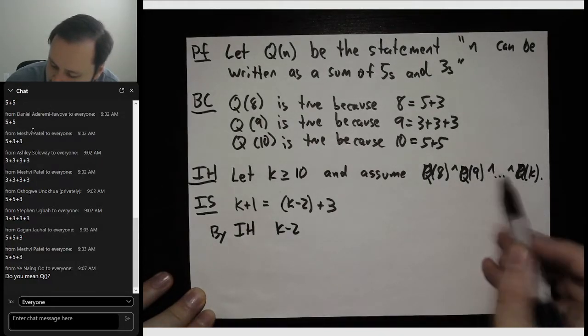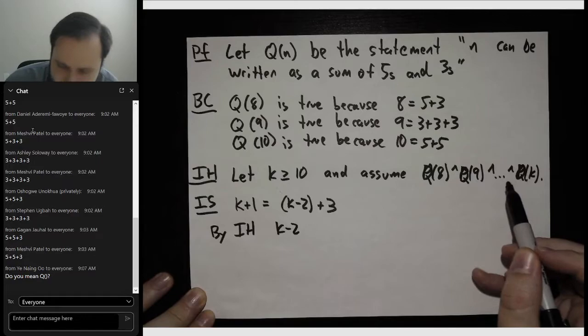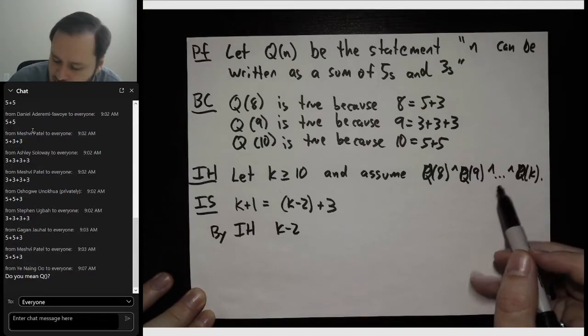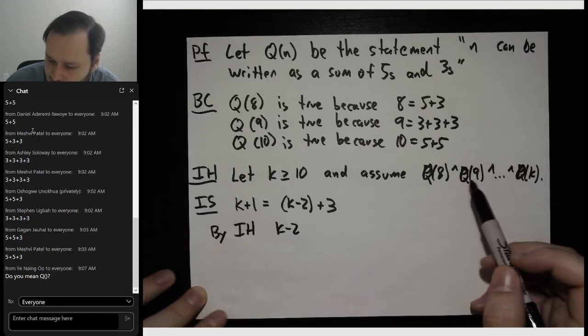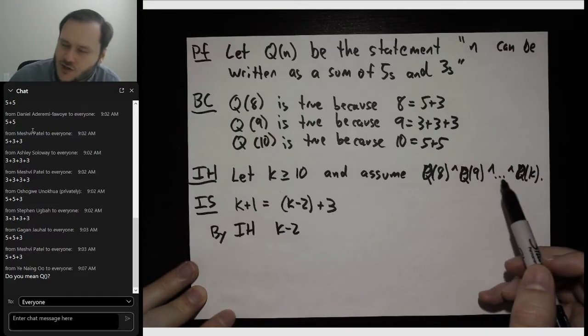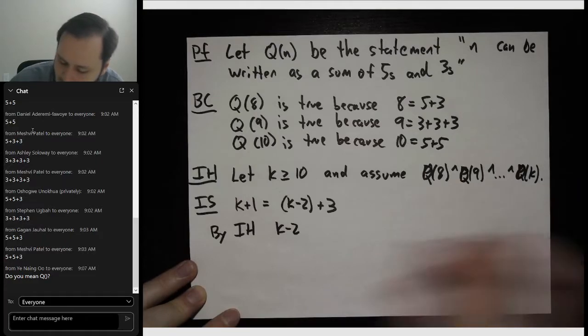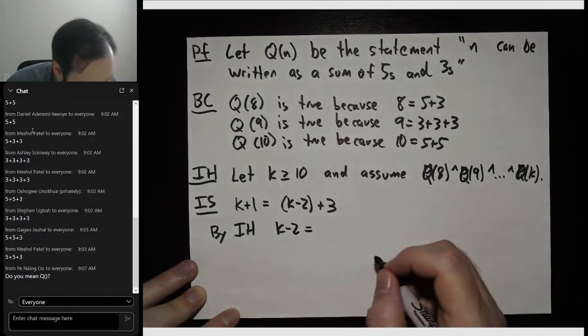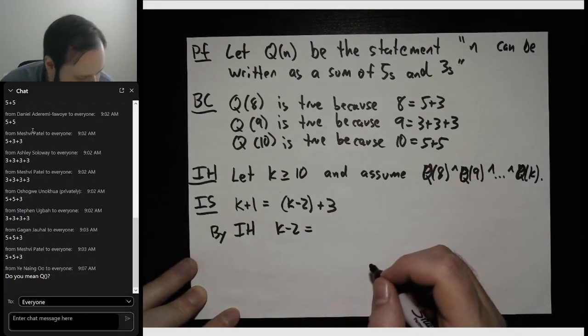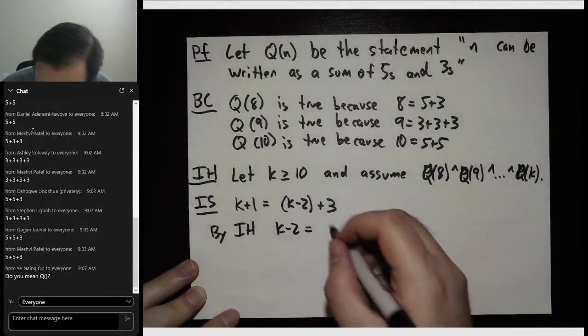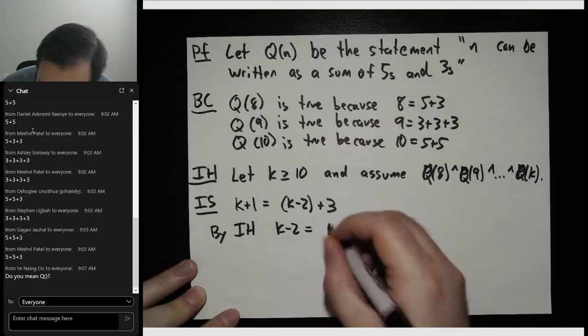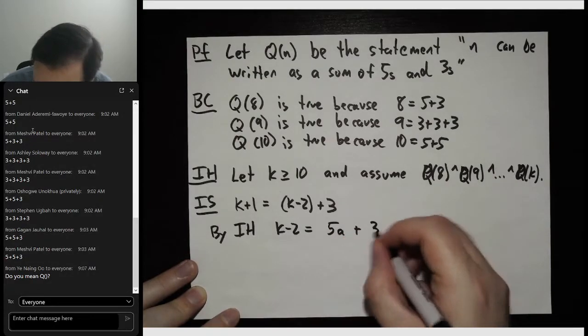Q of k minus 2 is one of our assumptions. So we can use the rule of conjunctive simplification to just get Q of k minus 2. And Q of k minus 2 is some multiple of 3 plus some multiple of 5. This is equal to, let's say, 5 times A plus 3 times B.